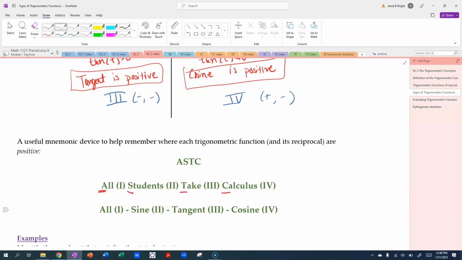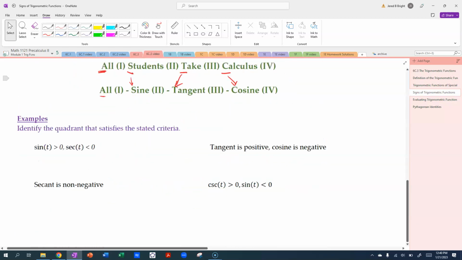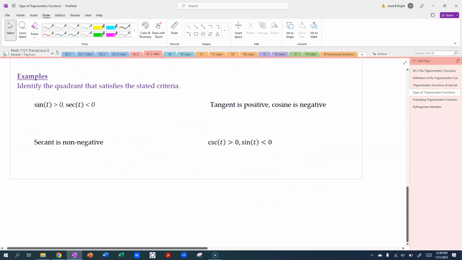The A corresponds to all trig functions, S is sine, T is tangent, and C is cosine. So All Students Take Calculus helps me remember where the different trig functions are positive. If I know I'm in quadrant 2 and I know sine is positive, then the other ones are all negative.